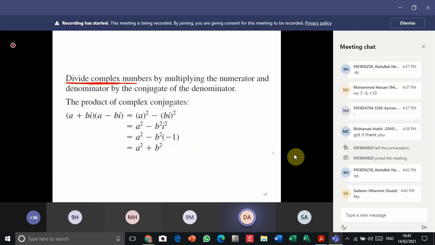The conjugate of a complex number a plus bi equals a minus bi. For example, if we have 3 plus 5i, the conjugate is 3 minus 5i.